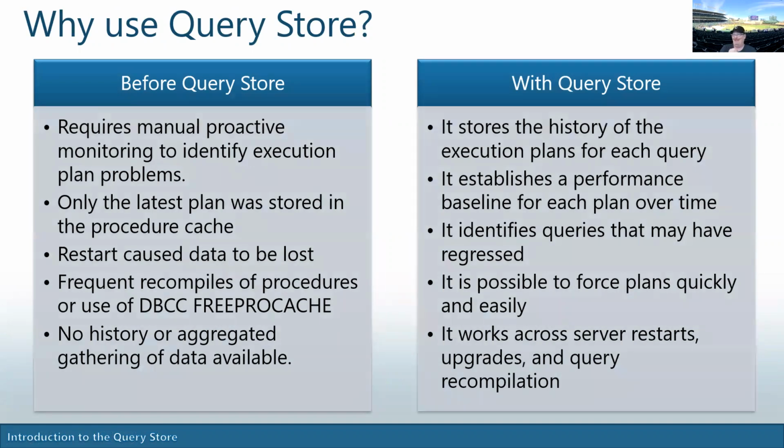I was mentioning this to Andrea. When I normally teach this during our performance tuning workshops, about the hour before this lesson, I show the old way of trying to troubleshoot plans in the procedure cache, or if you wanted to force a plan, fix a plan, use plan guides, you had to do a lot of that manually. And a lot of times you didn't even know there was a problem. So let's say my friend Sally wrote a query back in June, and it was optimized and it's been running perfectly.